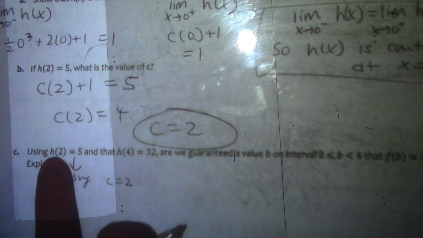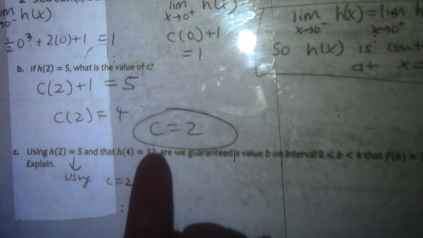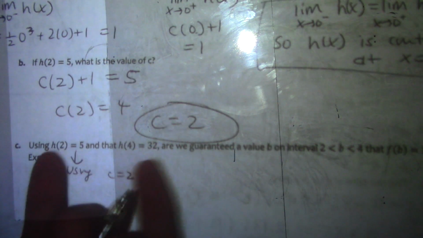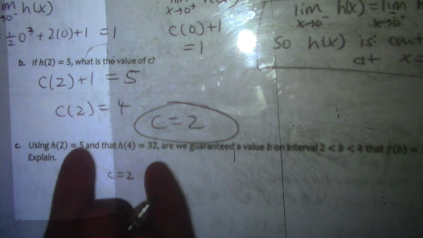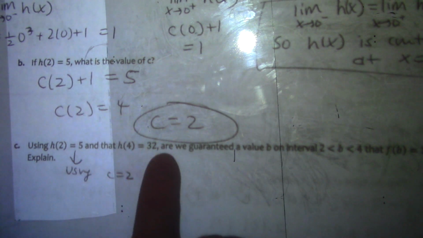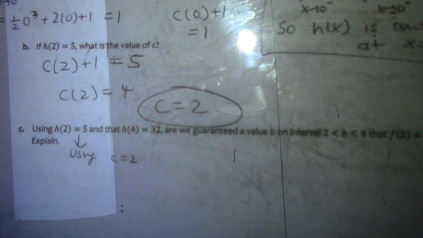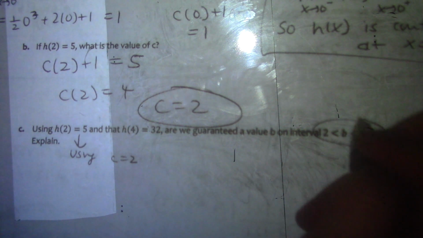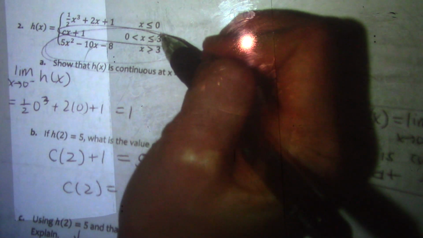If I have h of 2 is 5, h of 4 is 32, somewhere between 2 and 4, I'm guaranteed all the values between 5 and 32. So I am guaranteed 10 between here. But only if the function is continuous on this interval. So let's look. From 2 to 4 would be in here.